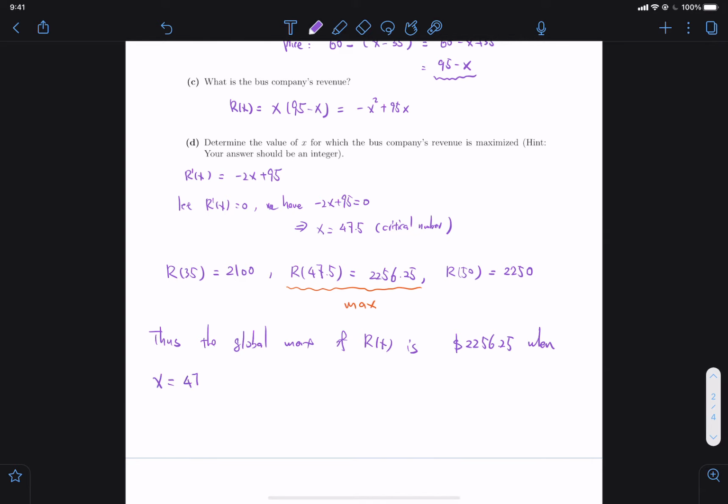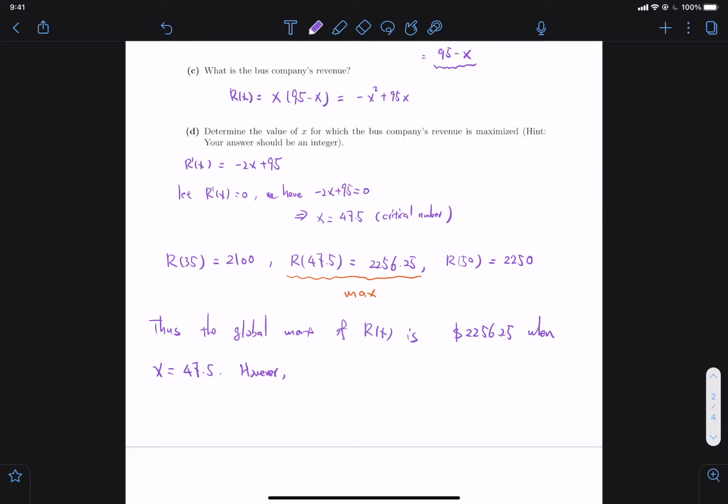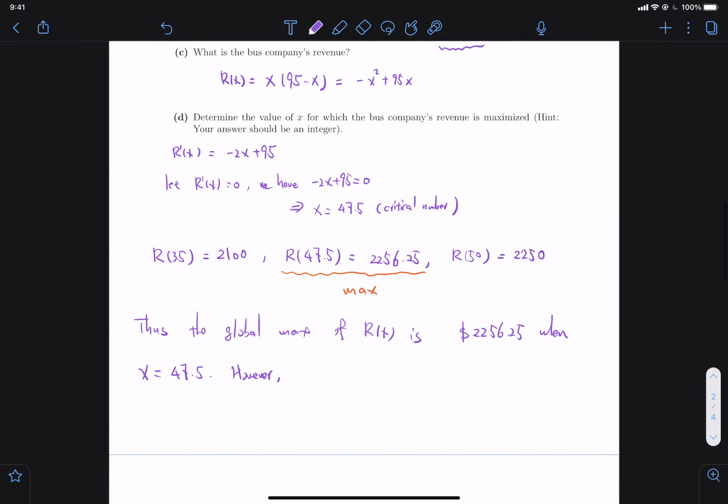However, there's a problem, because 47.5 is a decimal number and it represents the number of people. We can't just cut a person in half. We can't have exactly 47.5 people. We have to have either 47 people or 48 people.